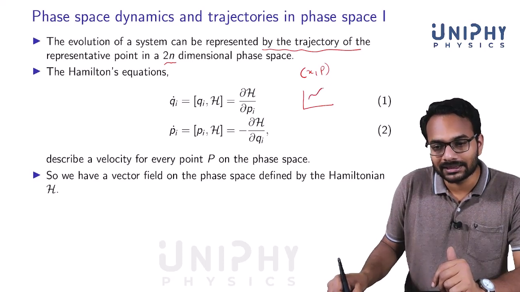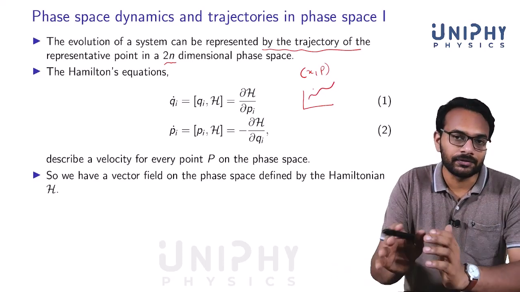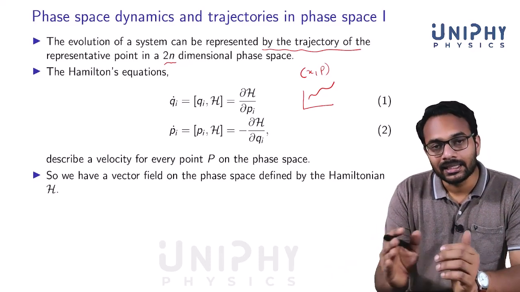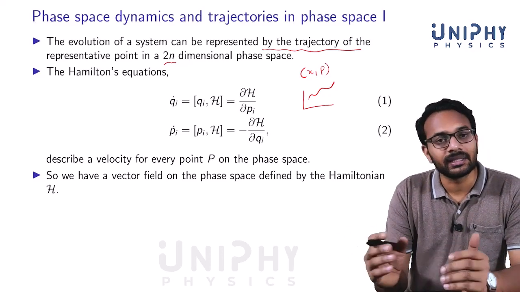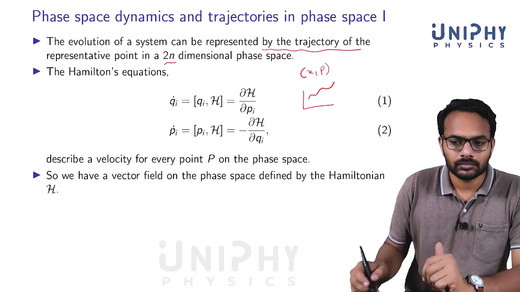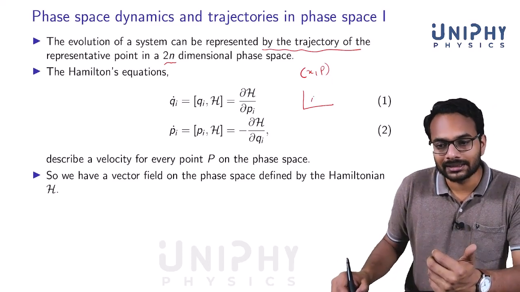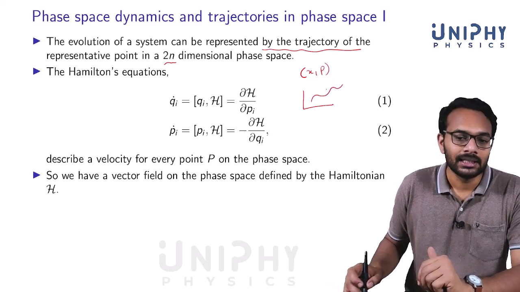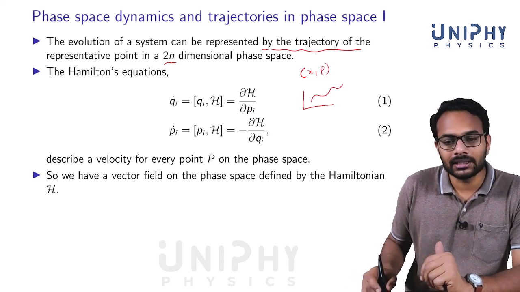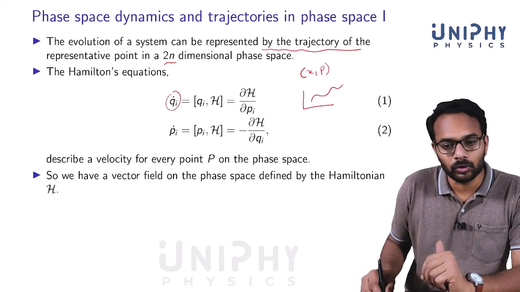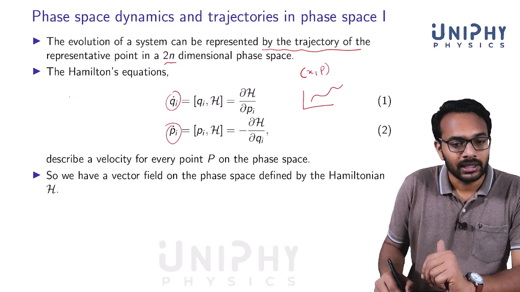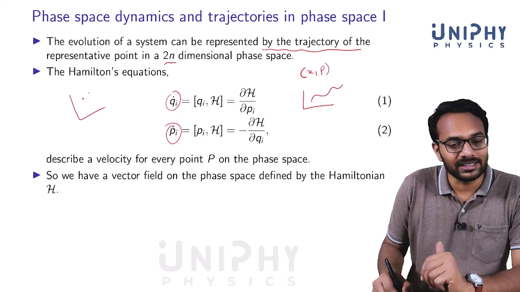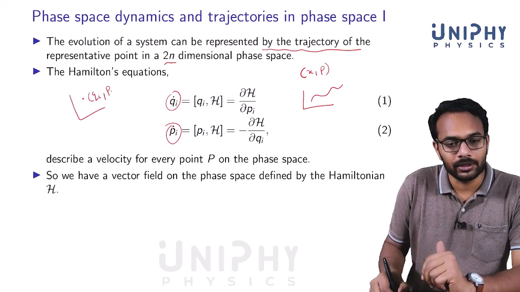The phase space trajectory actually connects different states of the system at different times. This trajectory is determined by Hamilton's equations. If you look at Hamilton's equations, you see that they give you q_i dot and p_i dot. And we said that each point in phase space is represented by q_i and p_i.